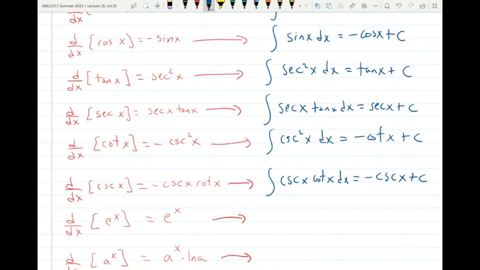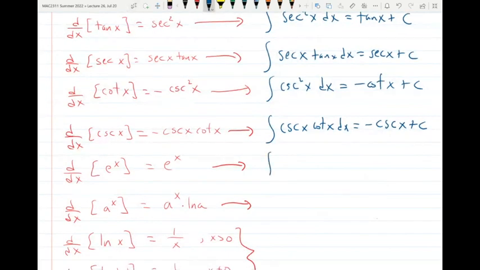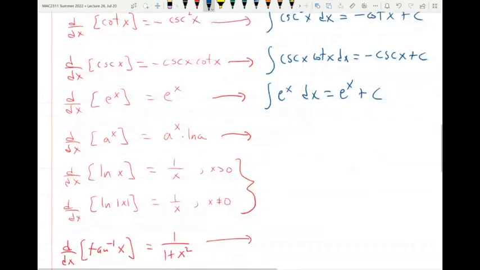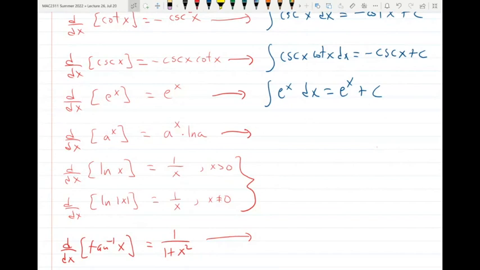Now, the derivative of e to the x is e to the x. So what's the integral of e to the x? E to the x. Now remember, plus c, okay? It comes back with an arbitrary constant added to it. All right, almost done. Then similarly, we have this one. So let's see. Who can tell me this formula? What do you think this should be?